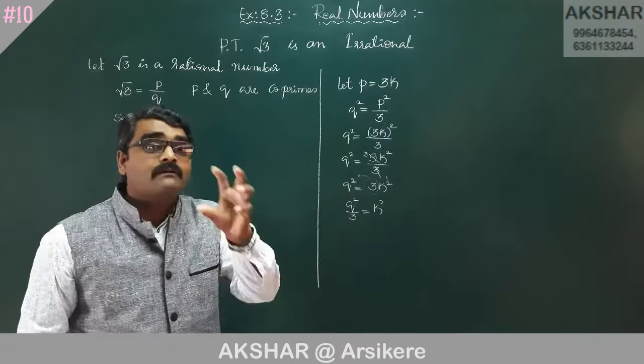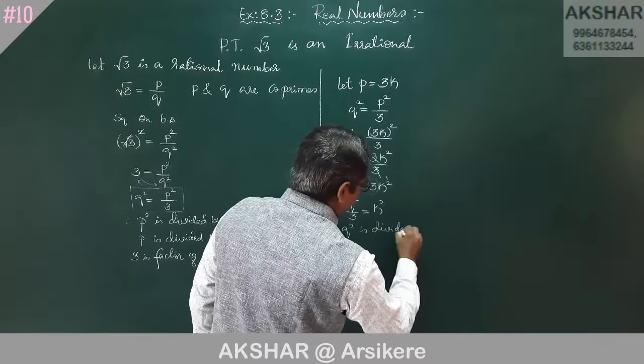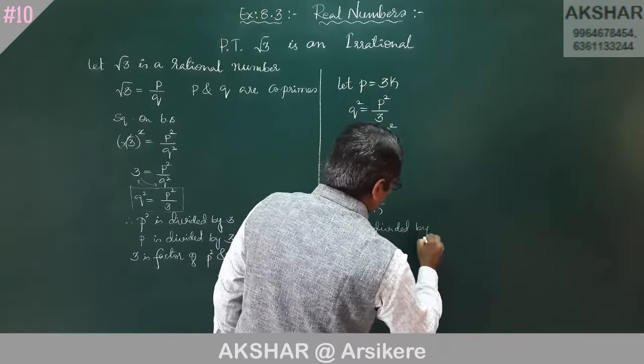Right? What does it mean? It means q square is a square number divisible by 3. Right? Therefore, q square is divisible by 3. If the square is divisible by 3, then its root, that is q, is also divisible by 3. Right? Clear?